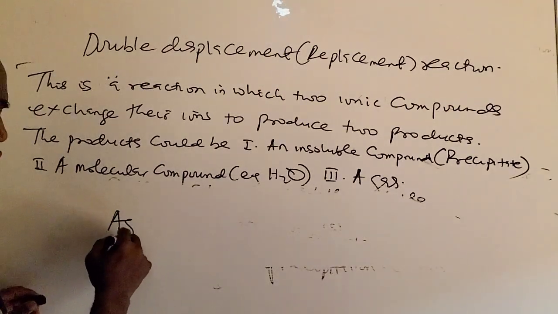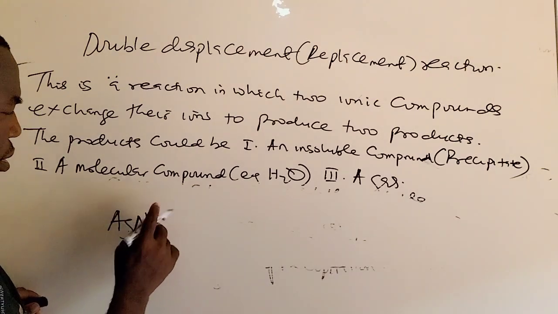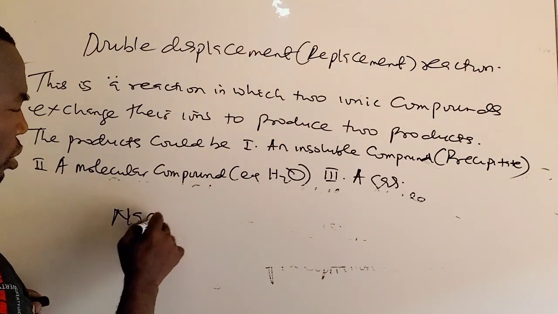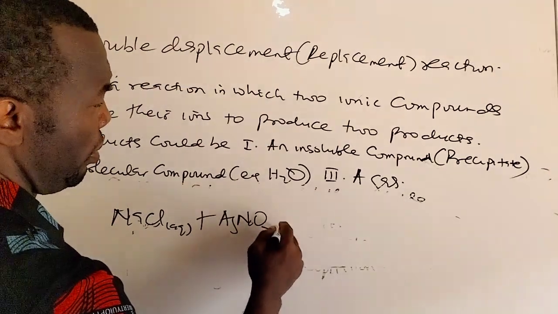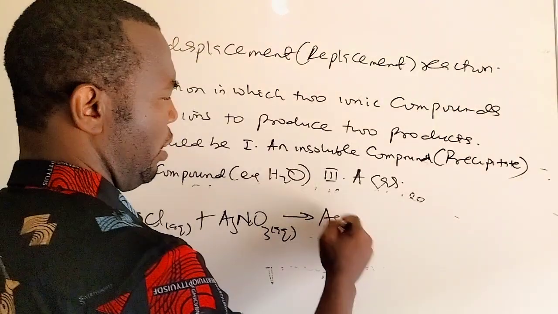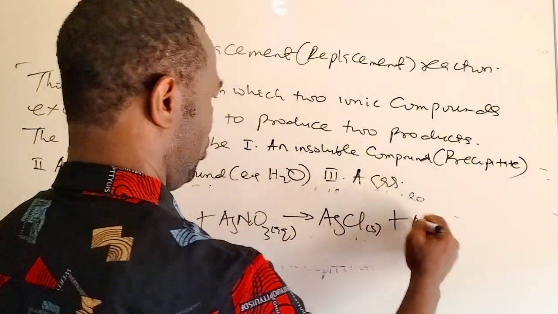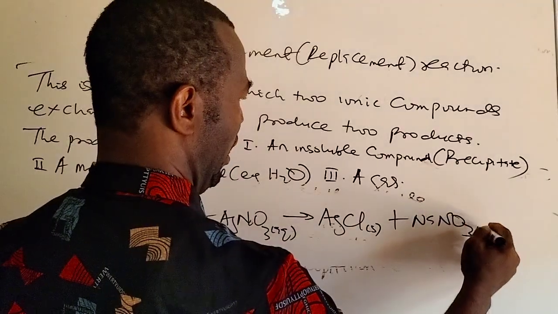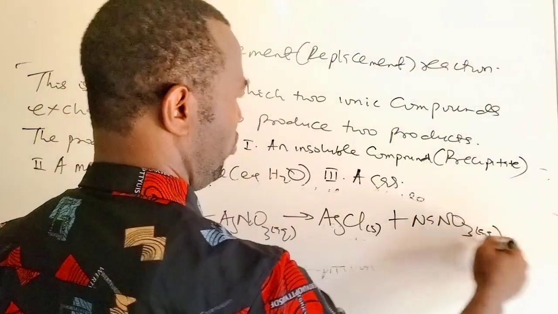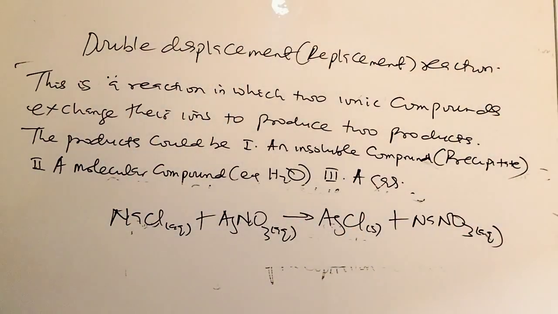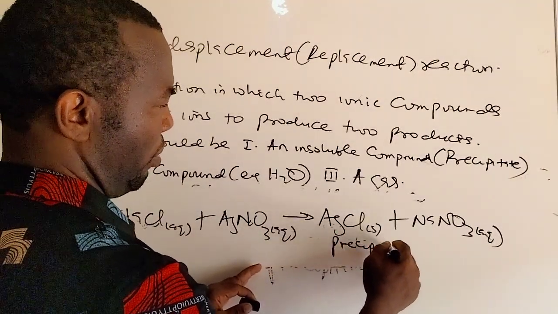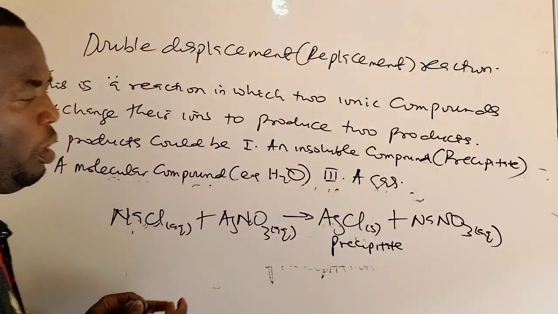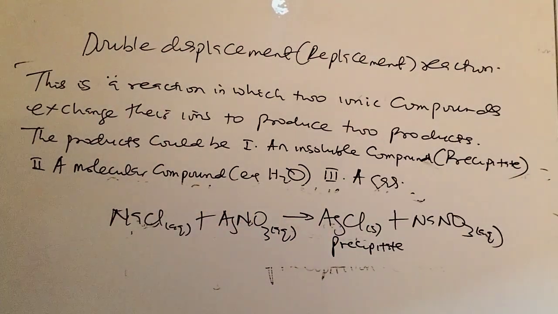Okay, now if you are given this question, let's go back to that equation that we used. Silver nitrate plus sodium chloride, then silver chloride, and then sodium nitrate. You now ask, which of the substances, this substance here, I call it the precipitate because it's the insoluble product formed when you mix two soluble compounds during double displacement reaction.